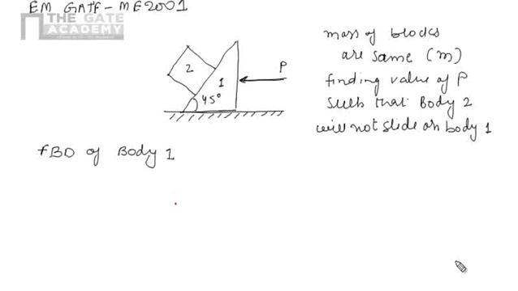Let's first isolate body 1 from the other body. This one is body 1. The weight of the body will act vertically downward, that is mg. We are applying the force P horizontally on body 1.